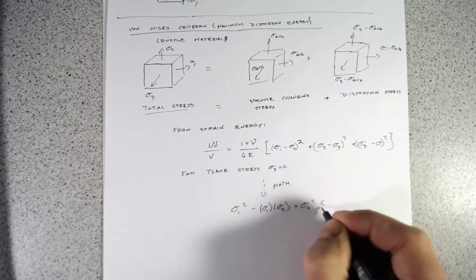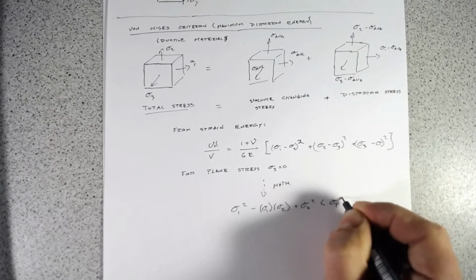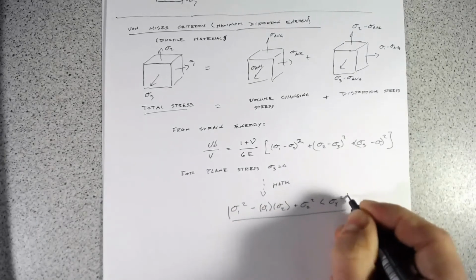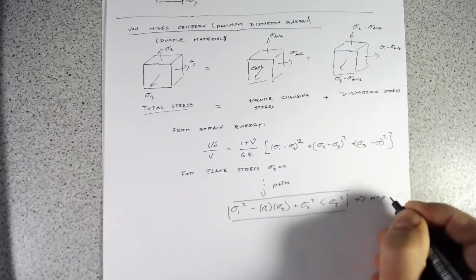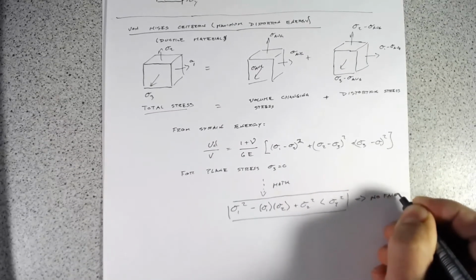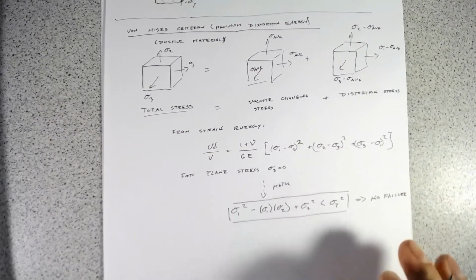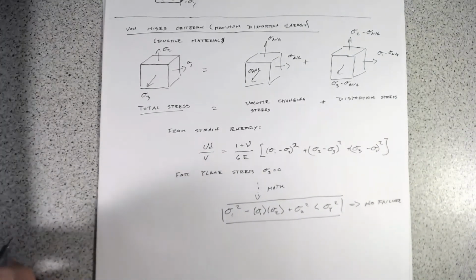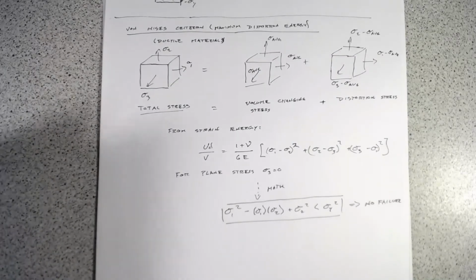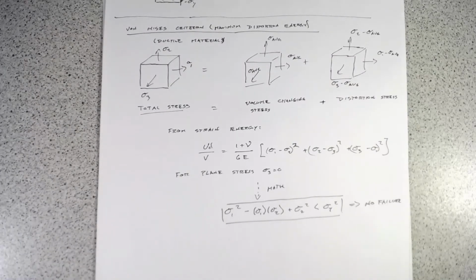If all of that's less than sigma y squared, then we get no failure. And if we take a look at that sort of equation, really what it does is it plots an ellipse.